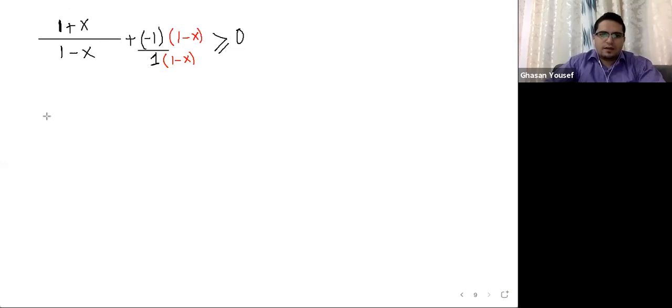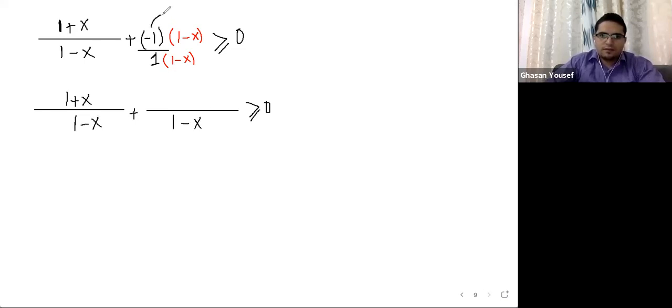Now we have a fraction plus a fraction greater than or equal to 0: 1 plus x over 1 minus x, minus the quantity 1 minus x over 1 minus x.